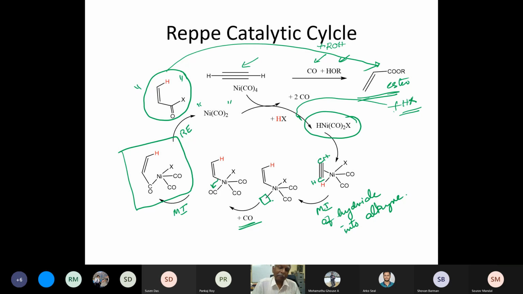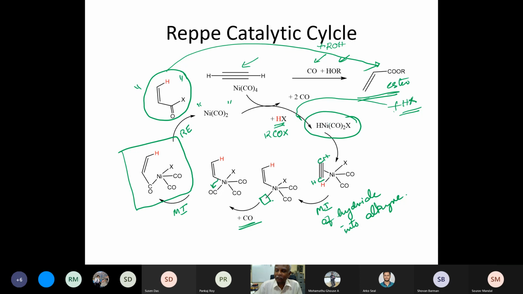So you can see how these reactions have to be extremely adjusted in terms of reaction rates. For example, I have HX and I have RCOX, right? So I have HX and RCOX in the medium. Both of them could have undergone oxidative addition, but oxidative addition of RCOX is not good.